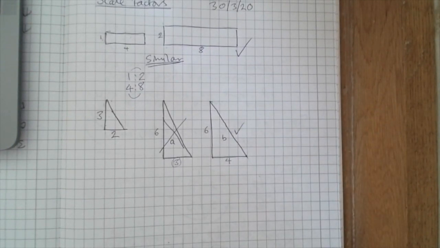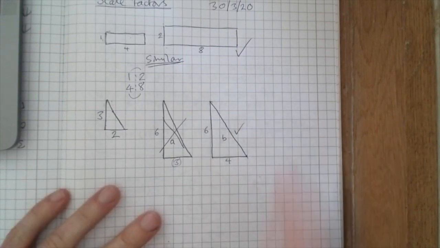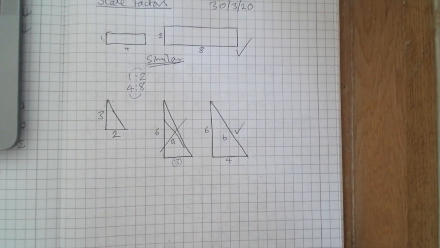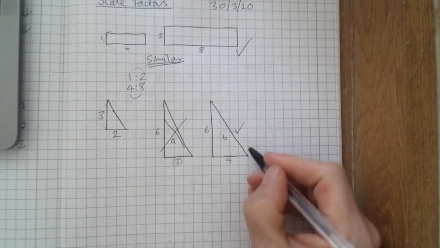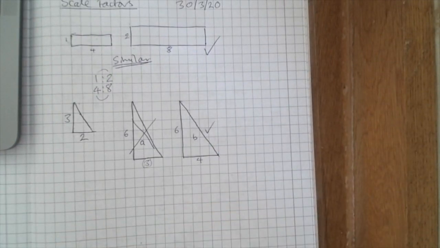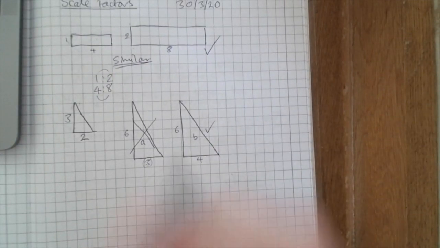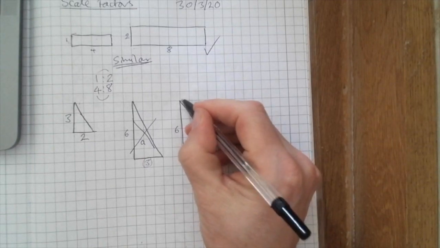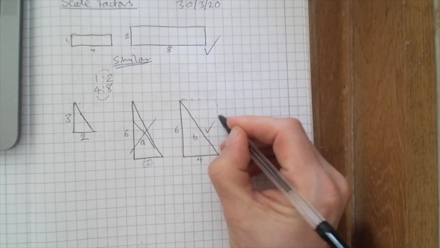Very finally on triangles, because I know that in the questions I've got for you, we need to remember how to calculate the area of a triangle. So if we look at this triangle here, hopefully you remember from a couple of weeks ago, before everything shut down, we did quite a lot of calculating of areas of triangles.